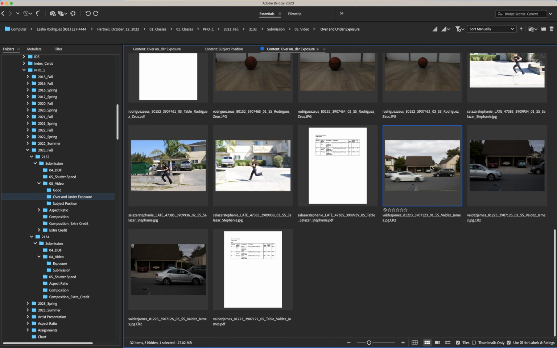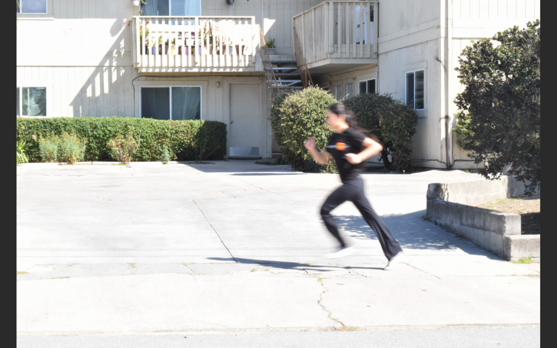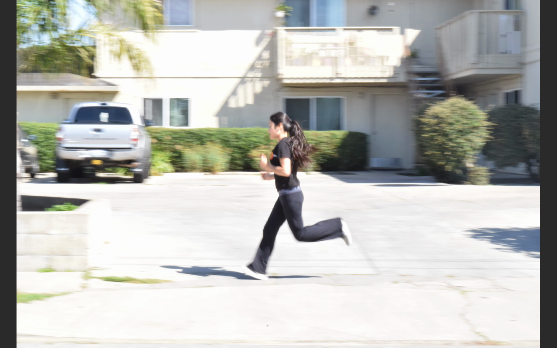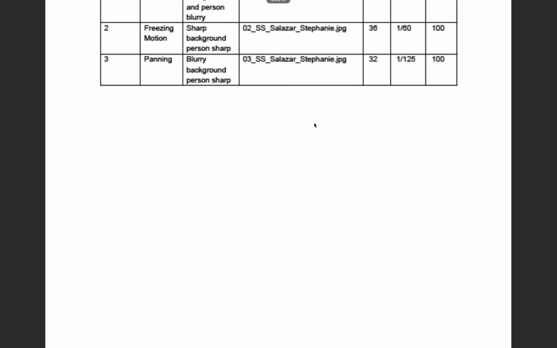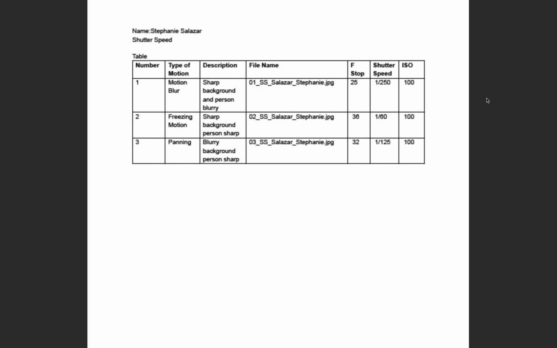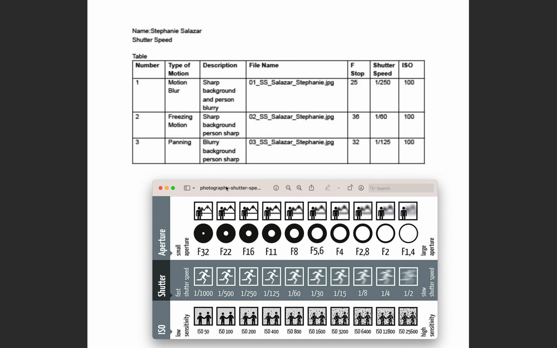Here, let's do the last. Well, we have 2 more in the queue. Number 1, overexposed. Number 2, the exposure is pretty good. And number 3, overexposed. Let's look at our table to make a decision. ISO is good.